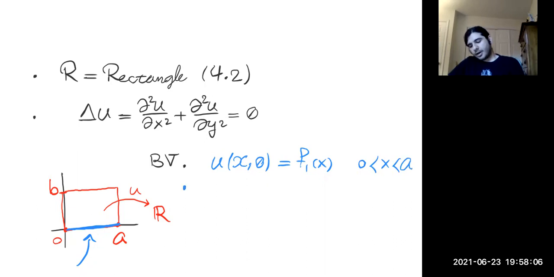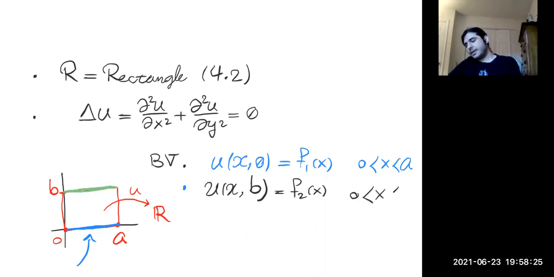Then, as part of the boundary value condition, I should say what u is on this green segment. So let's say u at the point (x, b) is given by another given function, f2 of x. Again, x can be anything between 0 and a.